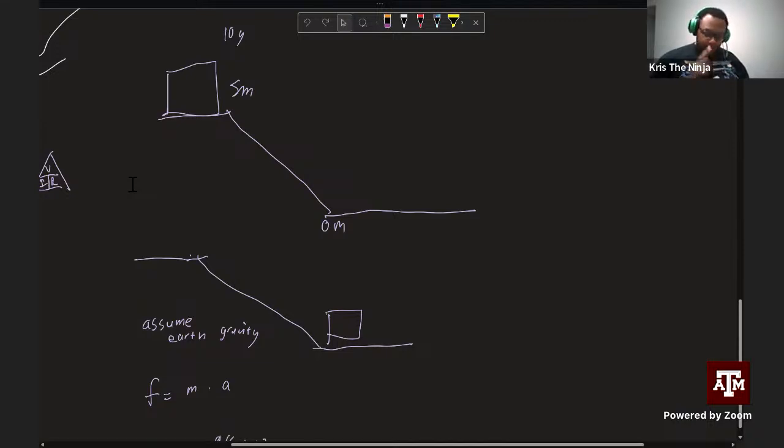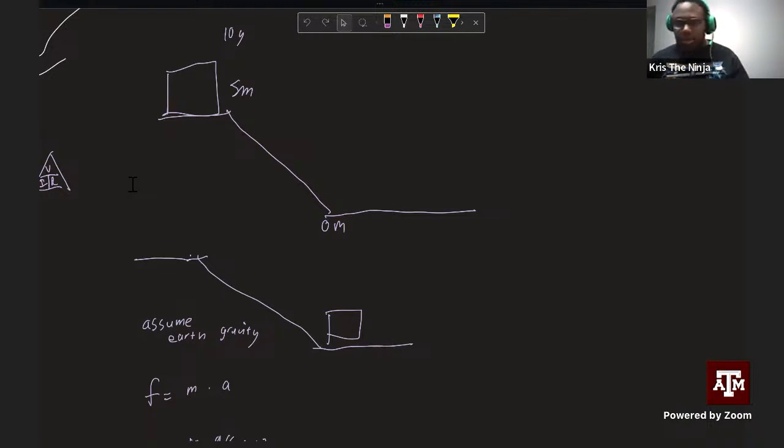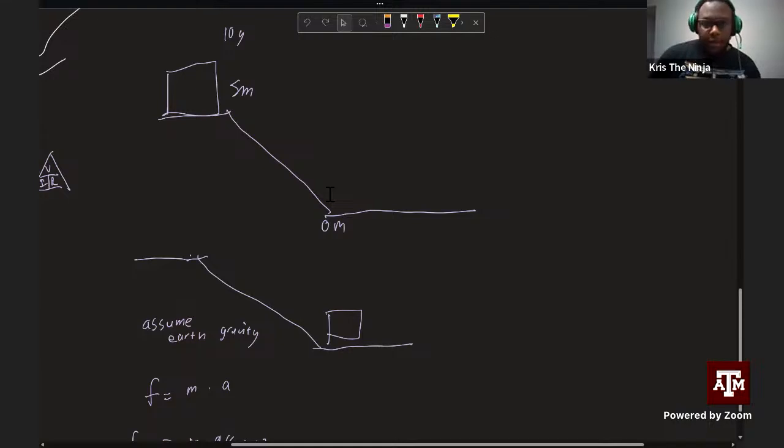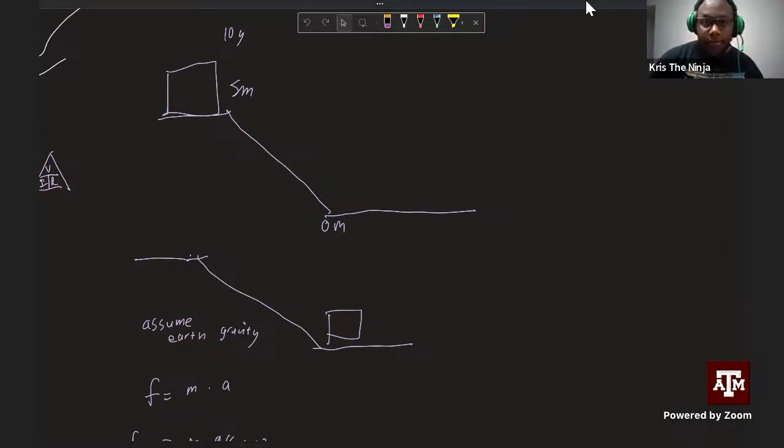And then that is a mass of 10 grams, so we'll just say 10. That gives us a force of 98, I think it's newtons.